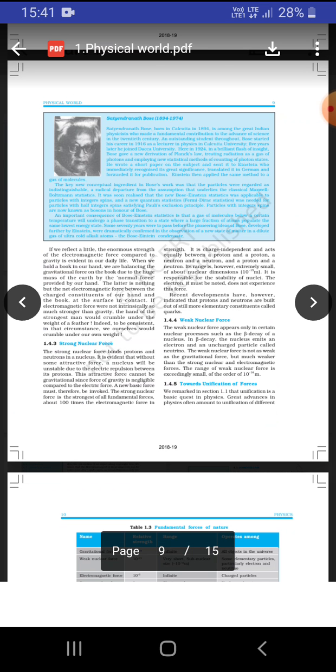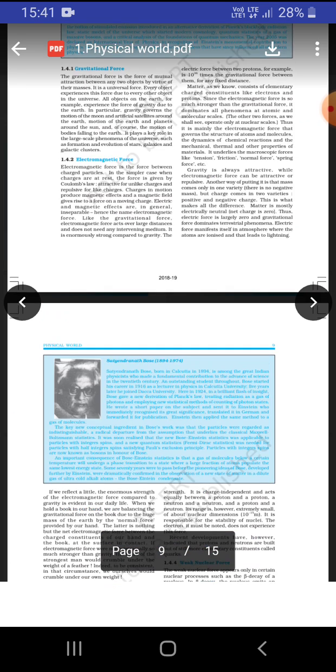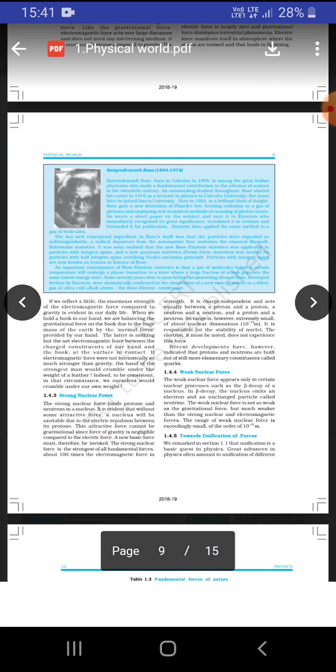And here we are learning some more: the strong nuclear force and the weak nuclear force. First is the electromagnetic force. If we reflect on it, the enormous strength of the electromagnetic force compared to gravity is evident.